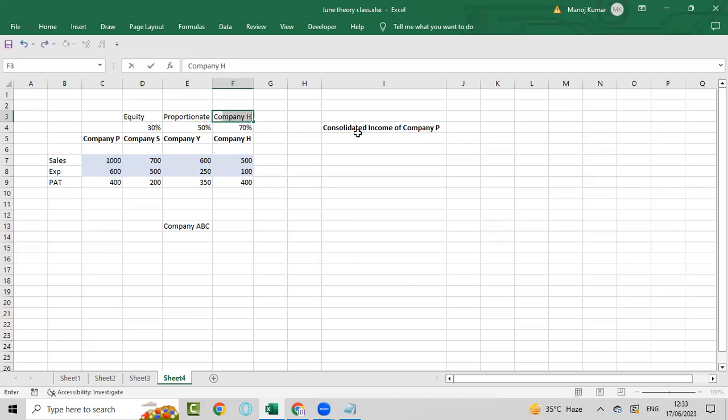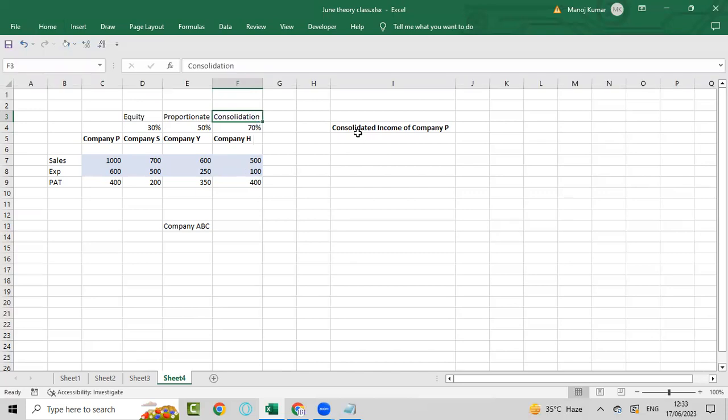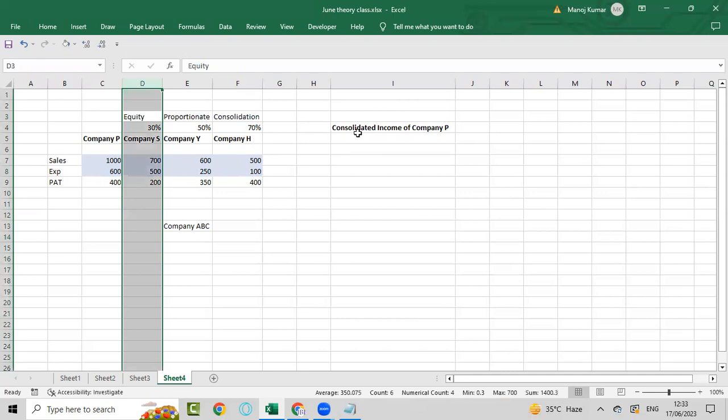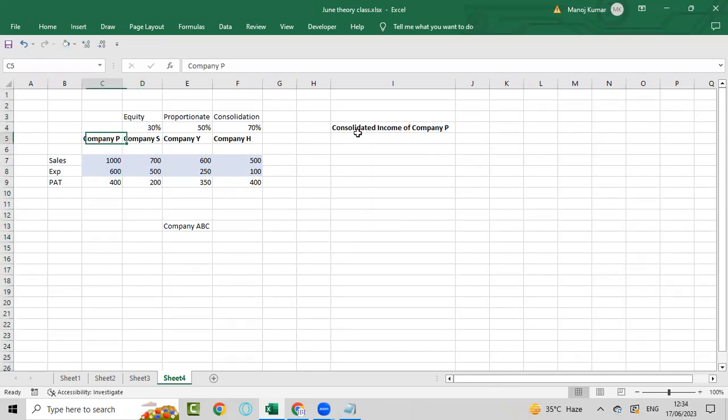And here we can call it controlling consolidation also, or simply consolidation, right? In this case, I will only take the profit of company S and add it to company P, and that will be called equity income from associate. Here we don't have much influence. We have some influence, but not too much.